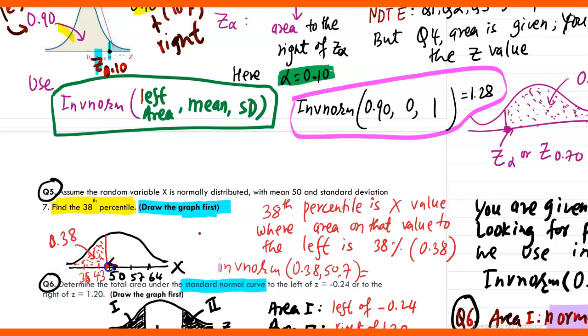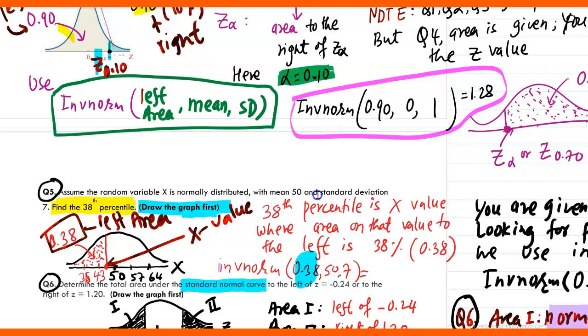I'm looking for this x value, where the area to the left of this x value is 0.38. Therefore, we use 0.38 as a left area in the inverse normal function.